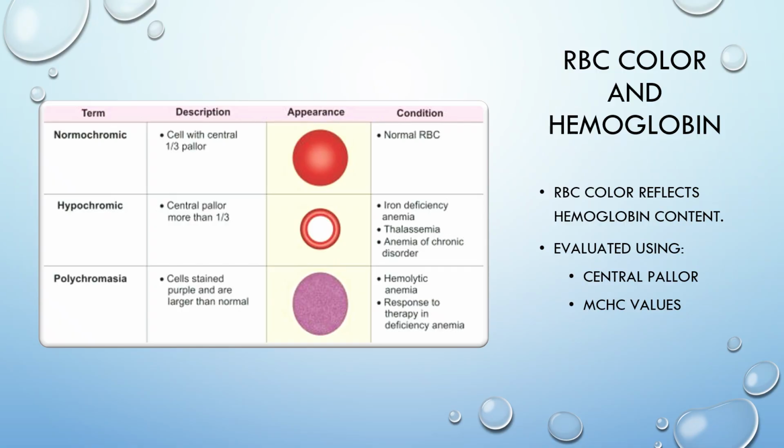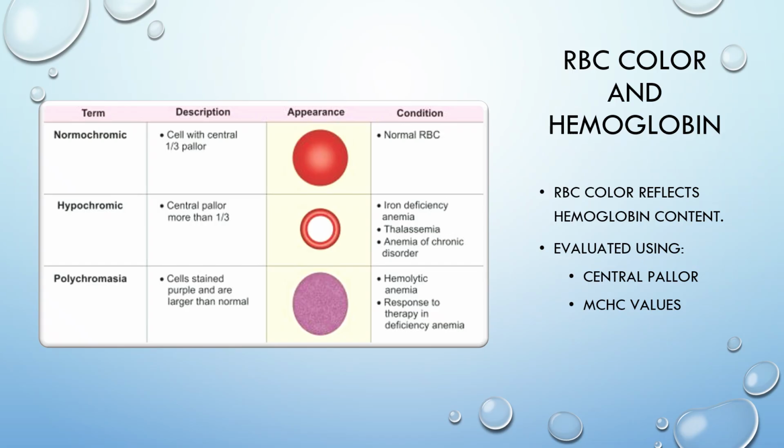Now that we've talked about red blood cell size, the next morphologic feature we evaluate on a peripheral smear is red blood cell color. In hematology, when we talk about color, we're really talking about hemoglobin concentration inside the red blood cell. Hemoglobin is what gives red blood cells their characteristic pink coloration when stained with the Wright-Giemsa stain.